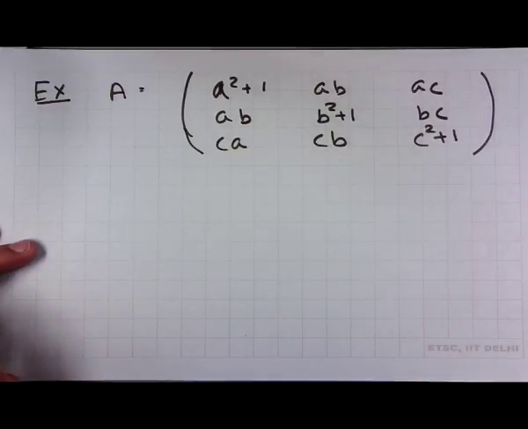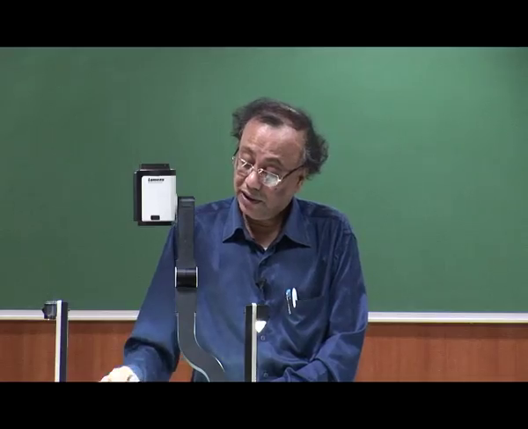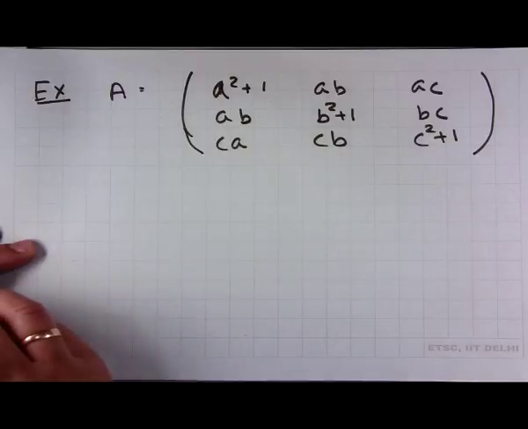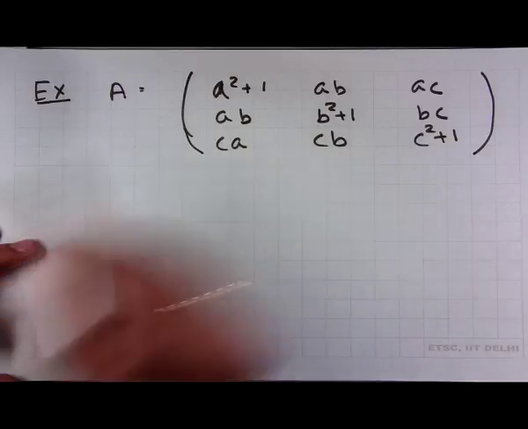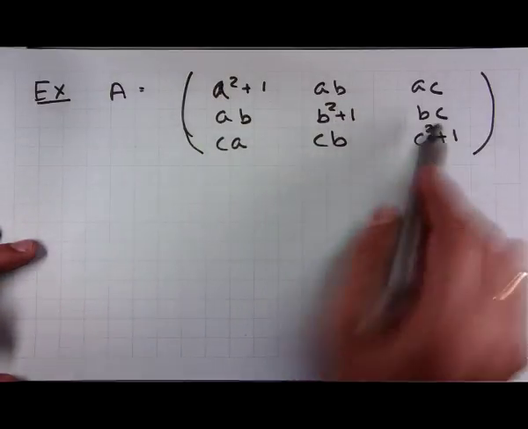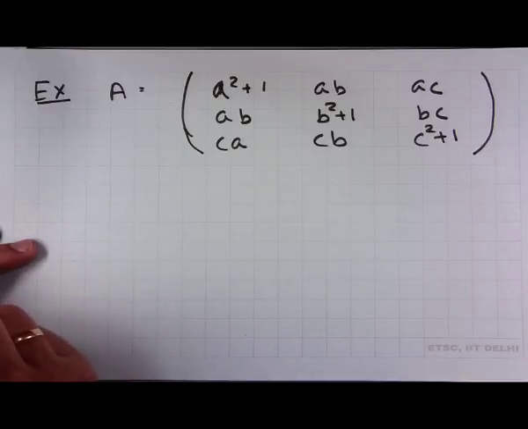This is a very tricky problem, because we cannot take anything common from any row, neither from any column. So, we do some trick.